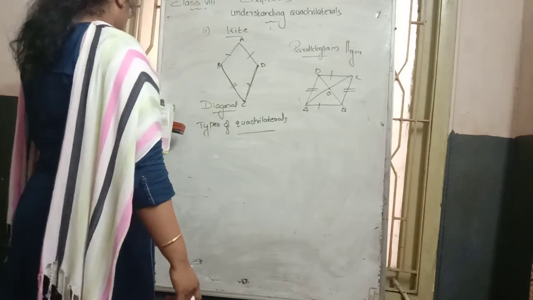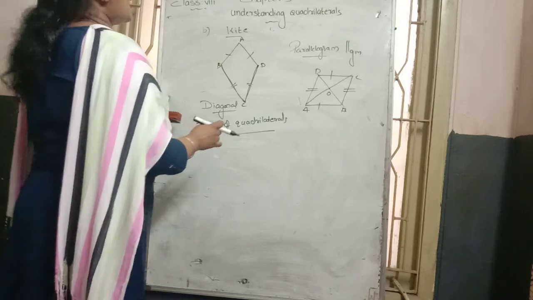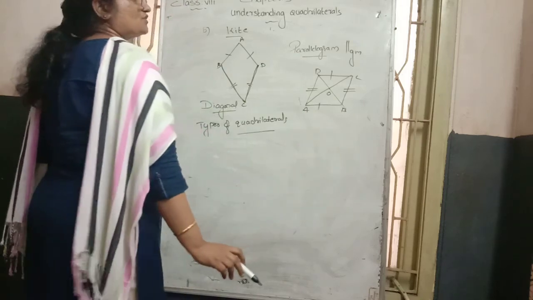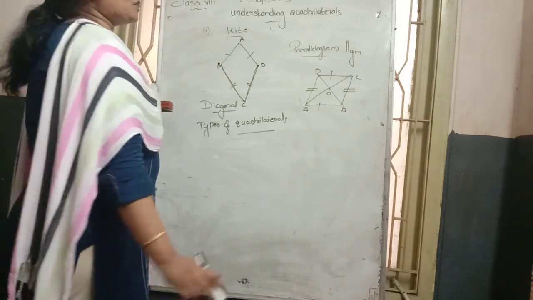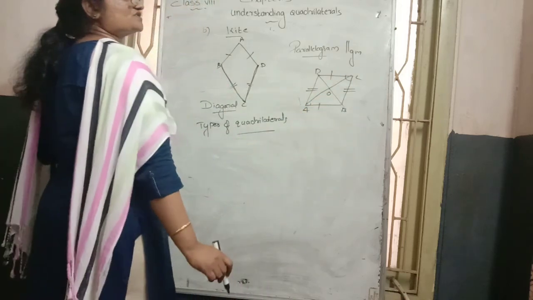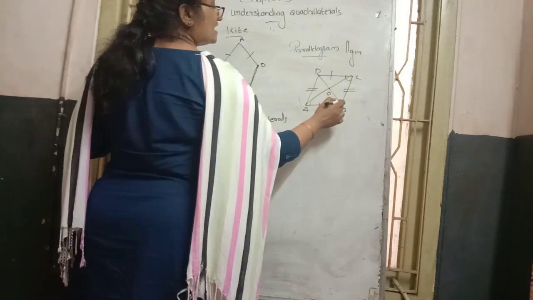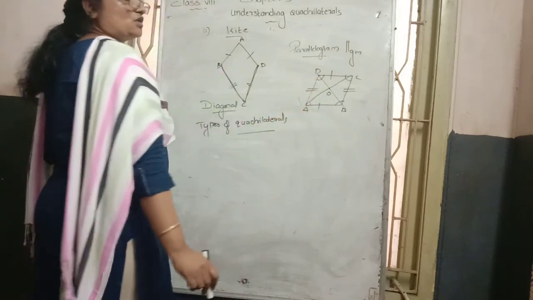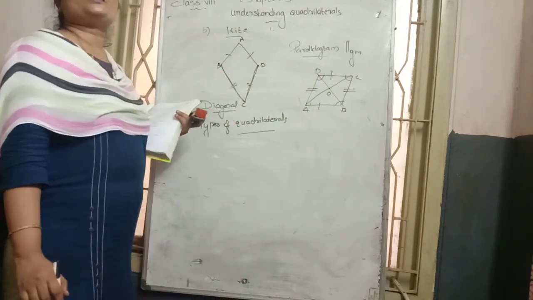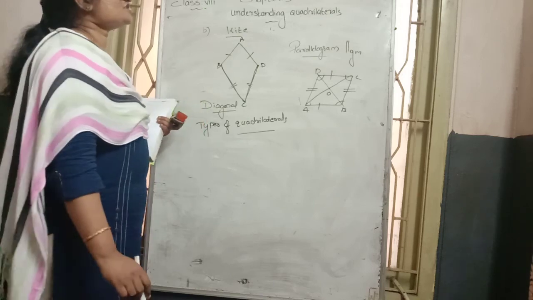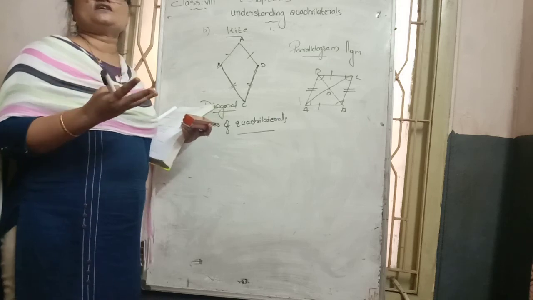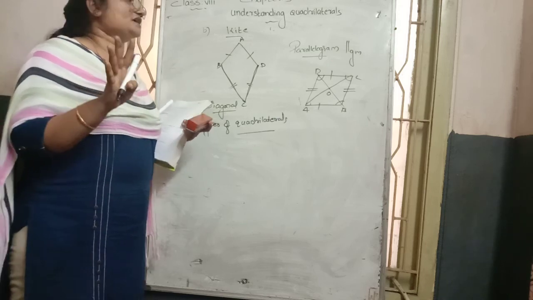The next property: the opposite sides, AB and DC, are equal. Opposite angles, angle A is opposite to angle C, are equal. Angle B and angle D are opposite angles, they also become equal. They are the properties of the parallelogram. Related to the parallelogram, next class we can do the sums. Okay, thank you.